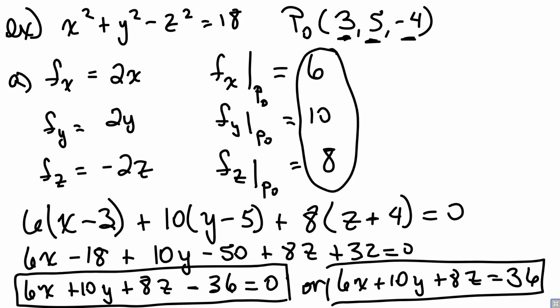Okay. Now, part B of this is basically asking us to write an equation for a normal line to this. And again, when we write the equation, it is going to be in parametric form. So we're going to have that x is equal to x sub 0, so that's the x coordinate of the point, which is 3, plus the slope value from the partial with respect to x, and we said that value was 6. And then don't forget t.